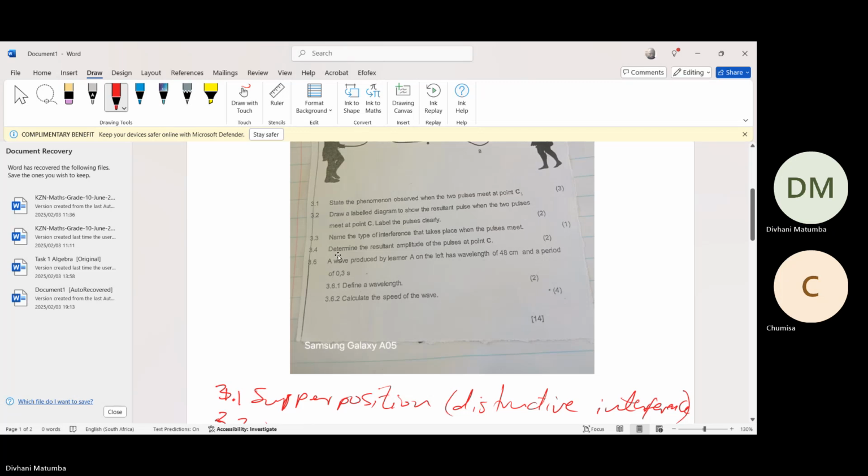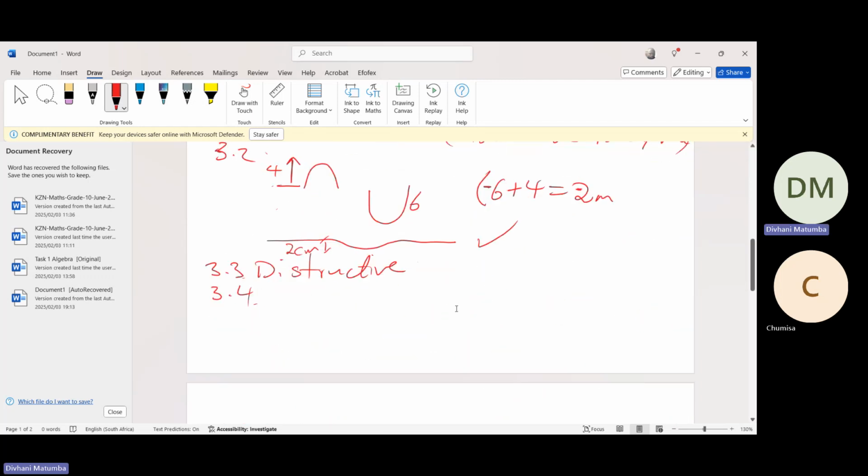3.4 says determine the resultant amplitude at C. We have already determined it. It is minus 2 centimeters, from minus 6 plus 4. We agree.